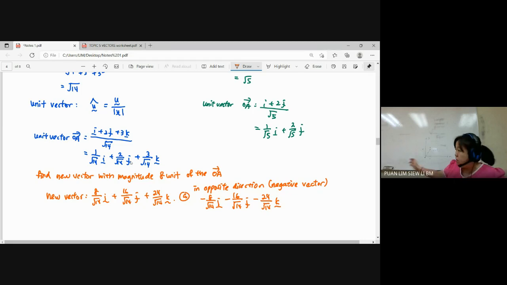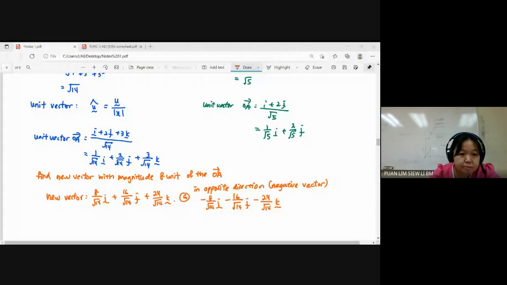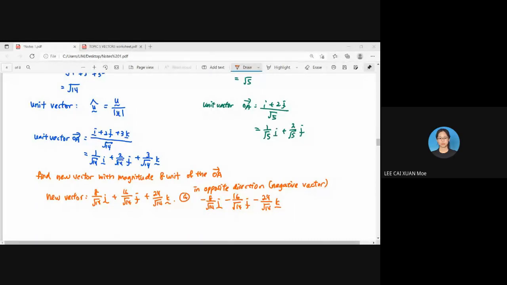Unit vector, satu unit. Kita ambil vektor, kita bahagi balik panjang dia, kita dapat seunit vektor. Okay. Faham tak? Miss.